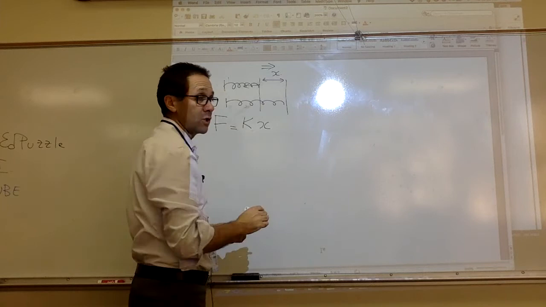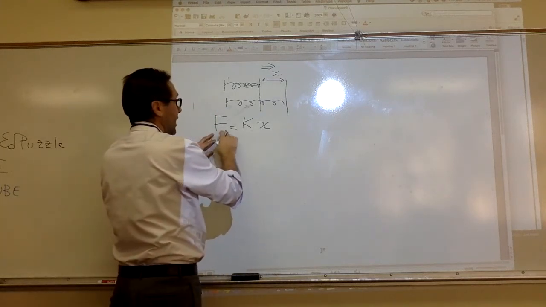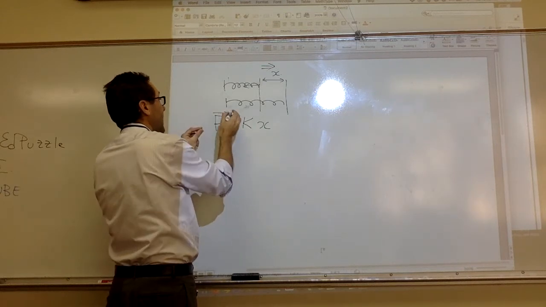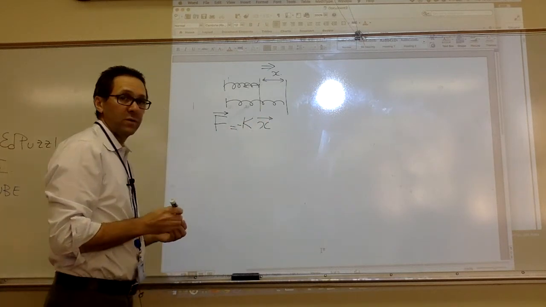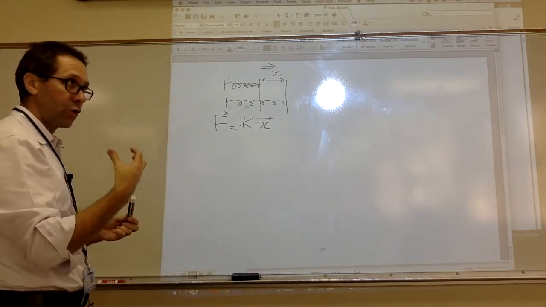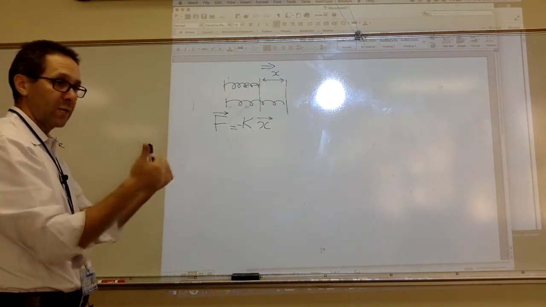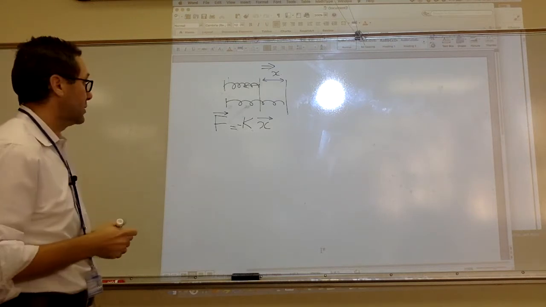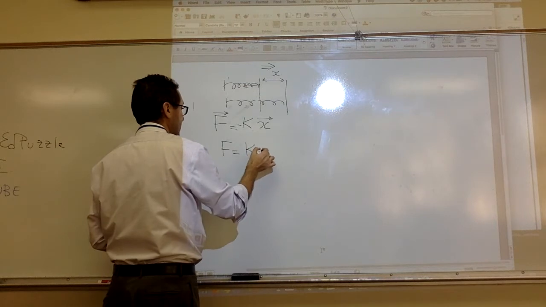So technically, in terms of vectors, okay, as a scalar, it's just F equals kx. In terms of vectors, this F is basically always opposite to the direction of stretch or compression. See, if I compress it, it wants to push back and get back to where it started from. If I stretch it, it also wants to do the same thing. But for us, in this unit, we're just going to say F equals kx.